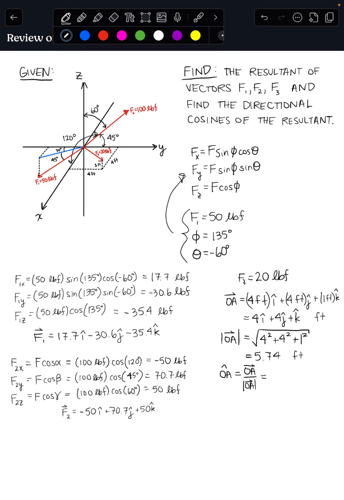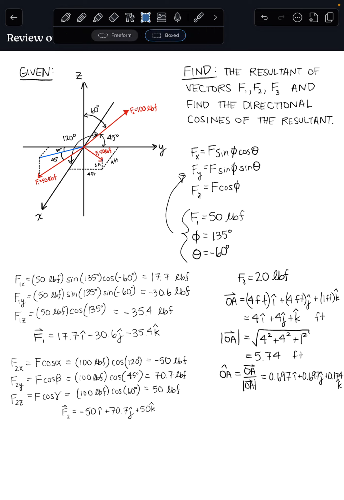So I'm going to divide each of my components. 4 divided by 5.74 is 0.697 i hat plus 0.697 j hat, and then 1 divided by 5.74 is 0.174 k hat.